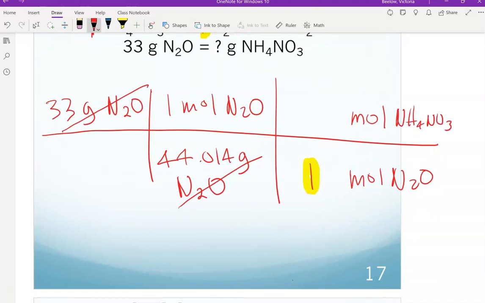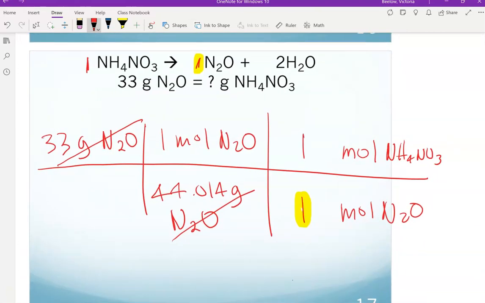And according to the balanced chemical equation, we have 1 mole of NH4NO3, which is ammonium nitrate. Both of those numbers are coming from the balanced chemical equation. Sometimes this is how it works out, where you have a 1 and a 1, and that's fine. That's just what the equation is telling us.